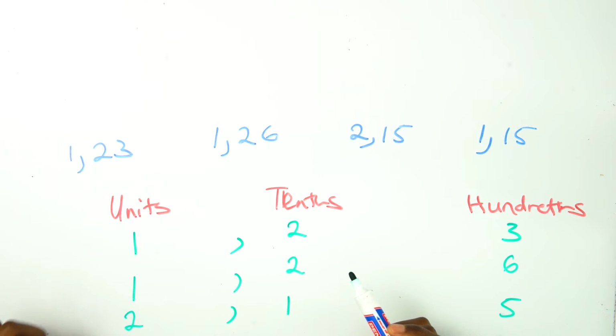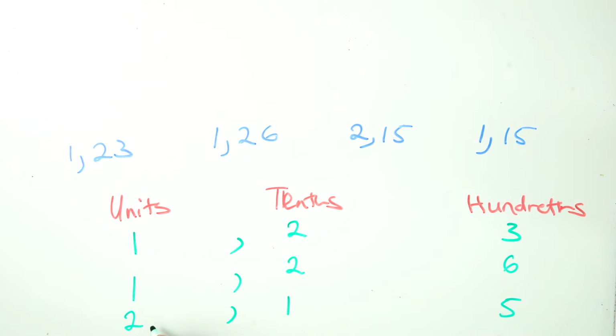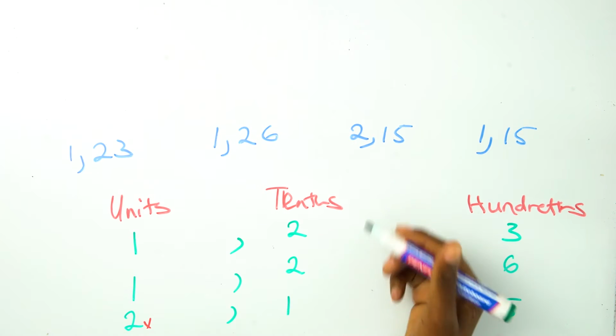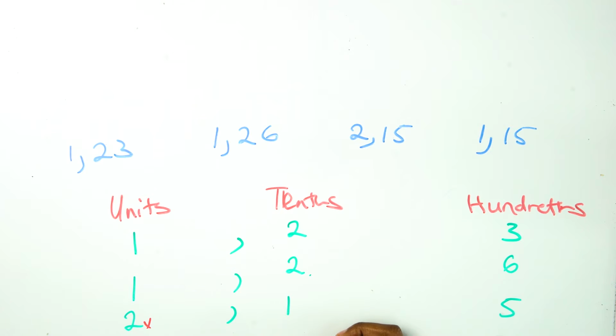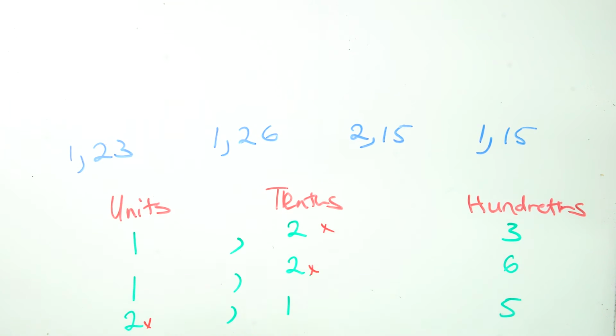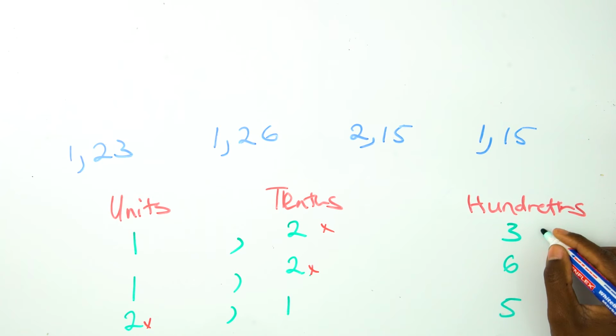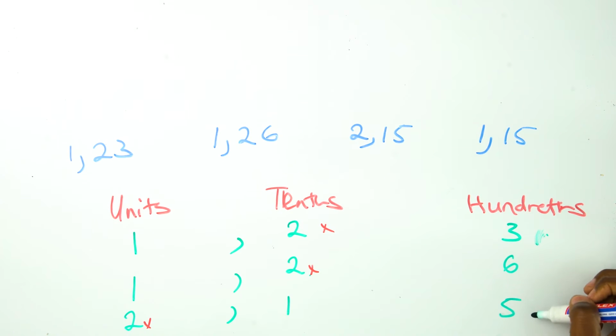We want to put this from the smallest to the largest, so the 2 here is not the smallest. Then we move on to the tens. We have 2, 2, 1, and 1. And then we move on to the hundreds. We have 3, 6, 5, and 5.